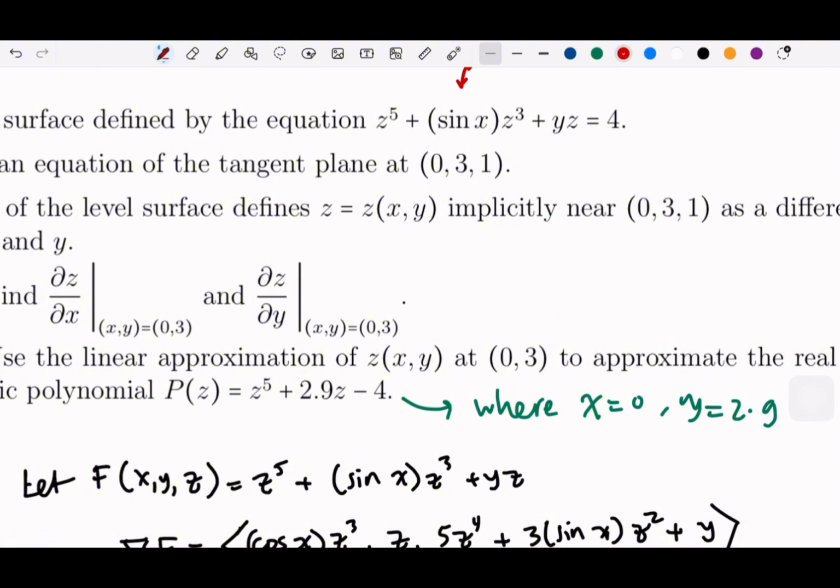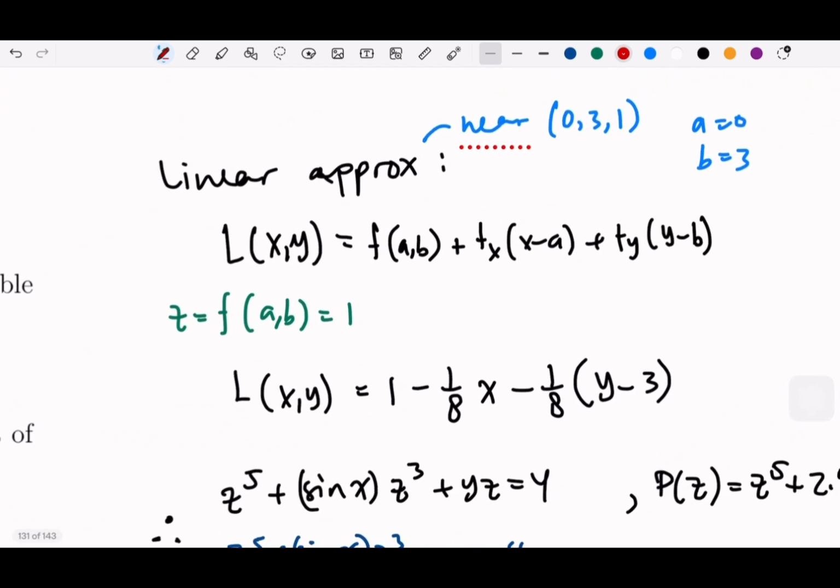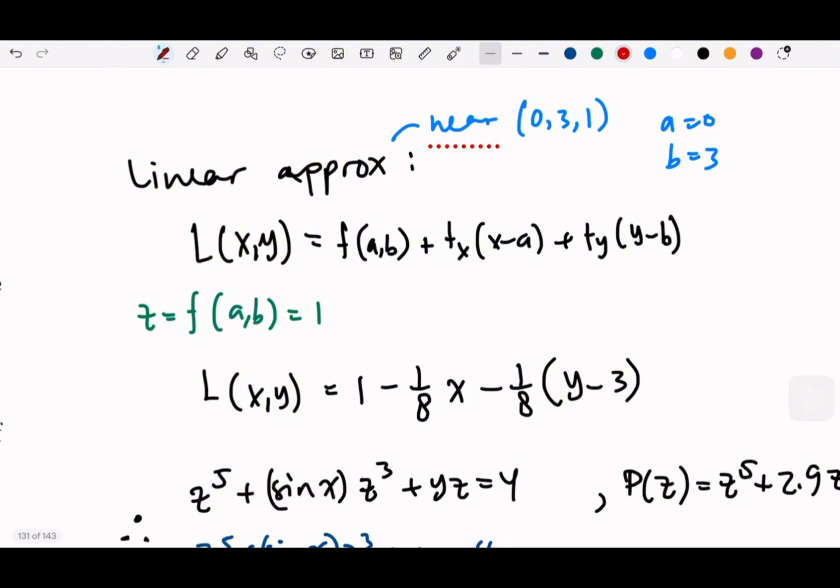So for the approximations, if we have the linearization, what we do is basically we are going to input this at the end. So let me write here. The linear approximation near the point 0, 3, 1, okay, which we can use this 0 and 3 in our linearization.